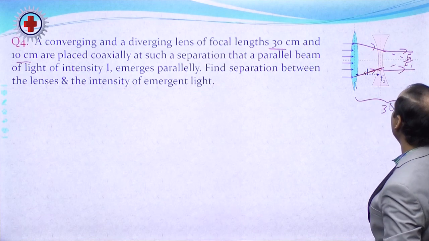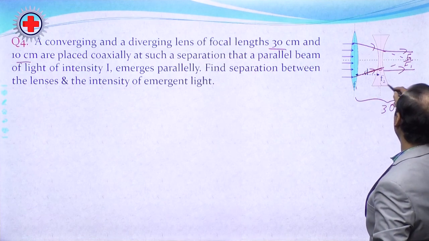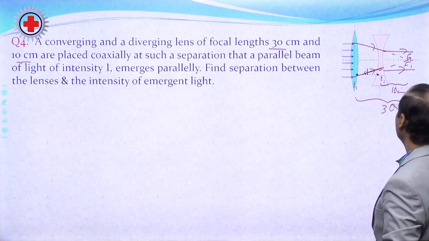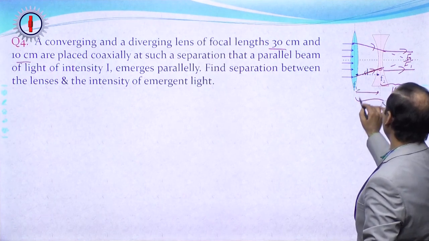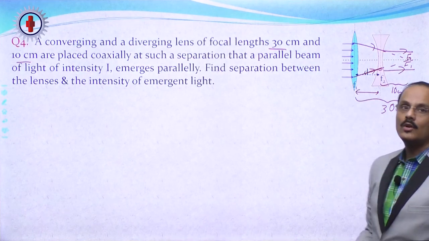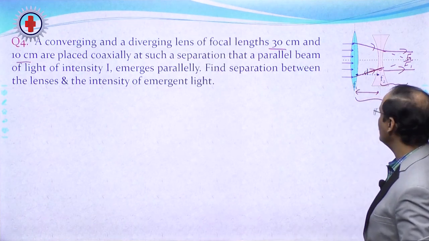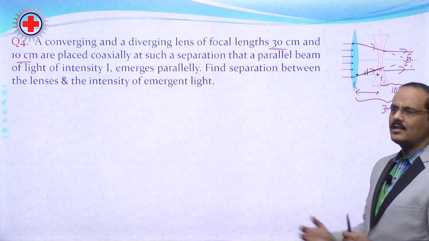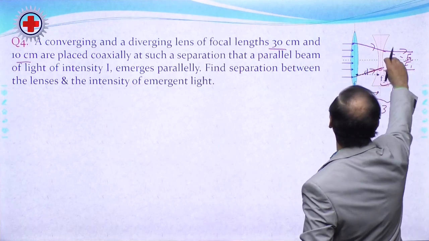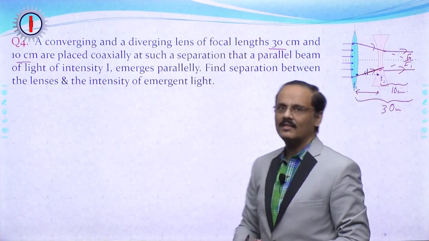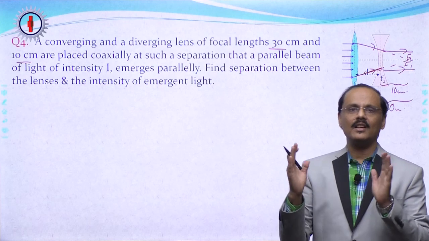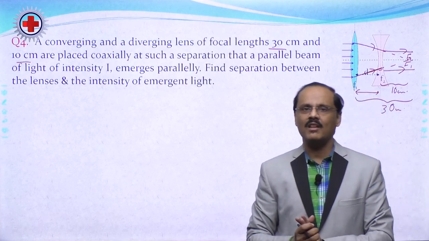If this is the secondary focus of the second lens, this particular distance has to be equal to 10 centimeter. So, what is the separation between the lenses? That is 30 minus 10, equal to 20 centimeter. This you can do by the formula also, that parallel rays are emerging parallelly. That is, the effectiveness of the combination is that it has not converged or diverged light rays.